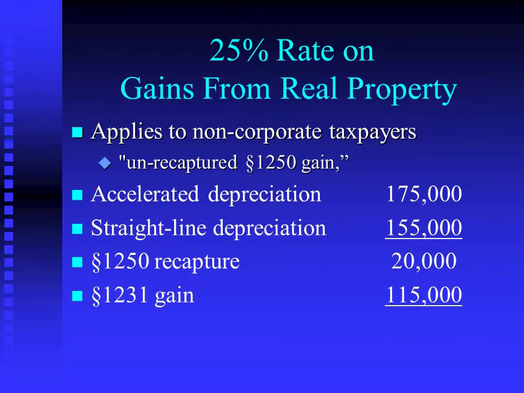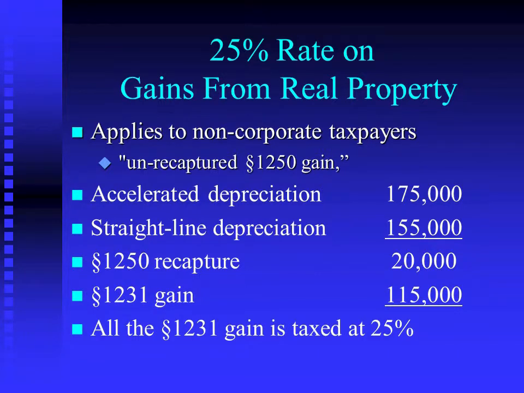And we simply will keep our lives really simple here. We will have one piece of real estate that we're selling. We will have no look-back rule. So if I tell you that there's a net 1231 gain from the sale of the property, that is also going to be the long-term capital gain, right? We're going to keep it really simple. So in this particular case, all of the gain that's 1231, that is actually going to be long-term capital gain, is taxed at 25% because the gain is less than the straight line depreciation.